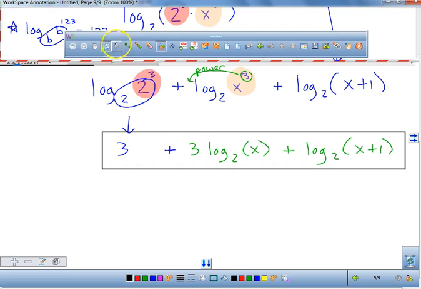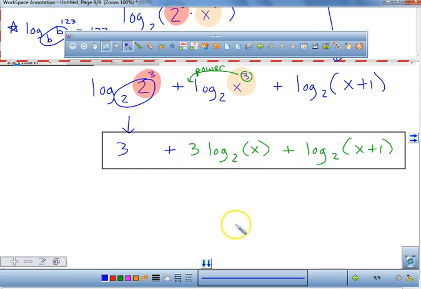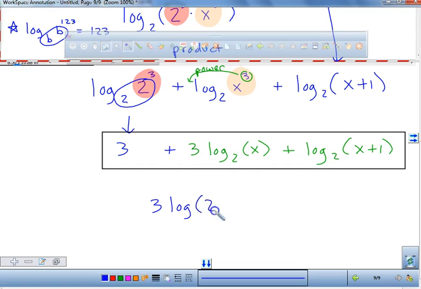Now, what did we have down as the answer before? Because I can show you how to do it. What did you have before for your final answer? 3 log base 2 of 2x, right, plus log base 2 of x plus 1. Now, I want you to see right here, this 3 applies to that 2, and this 3 applies to that x.